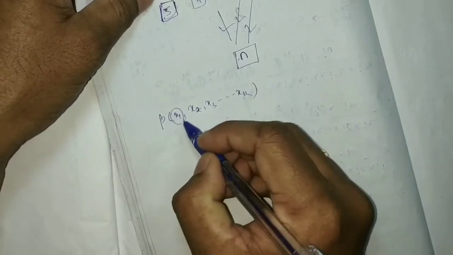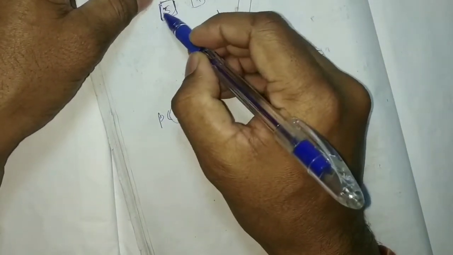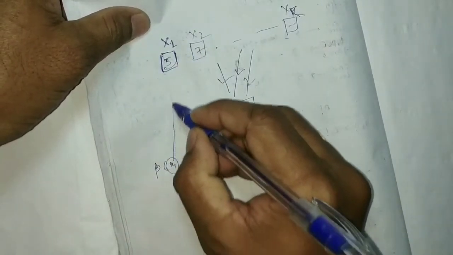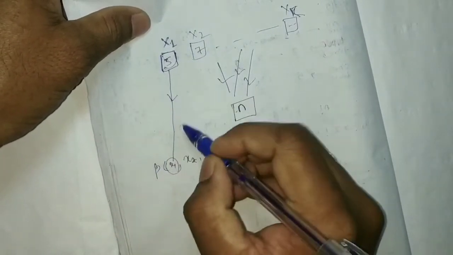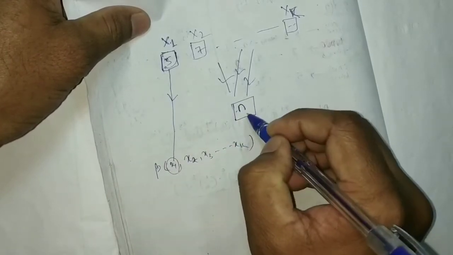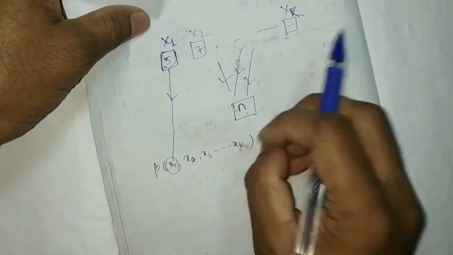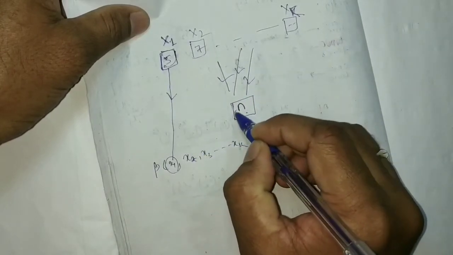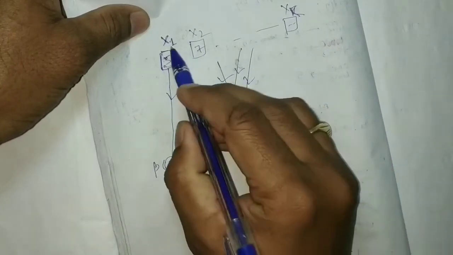So what is the meaning of x1? For the random variable, capital X1, this x1 means how many we have drawn. That means how many of the n drawn belong to x1.